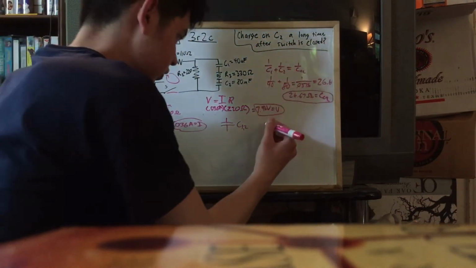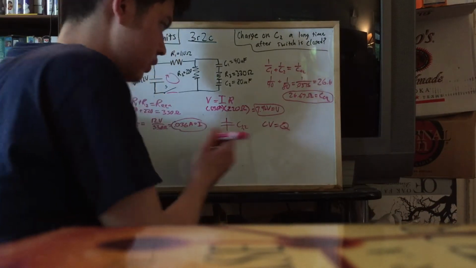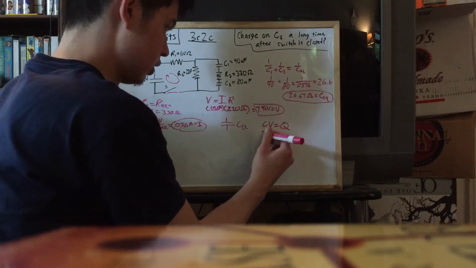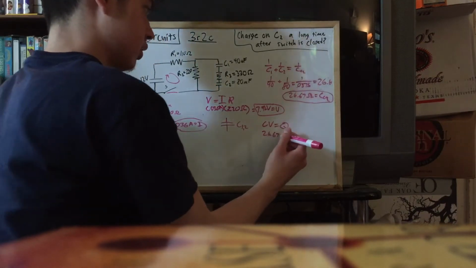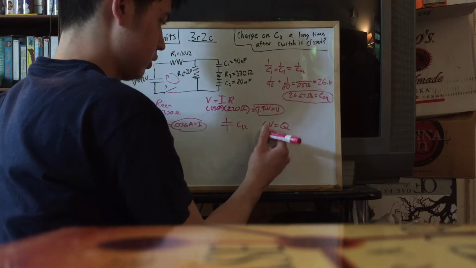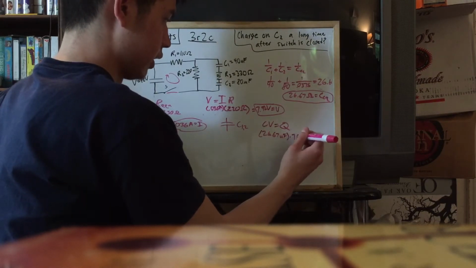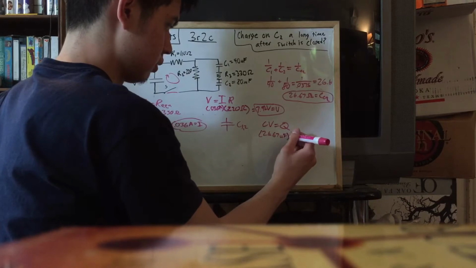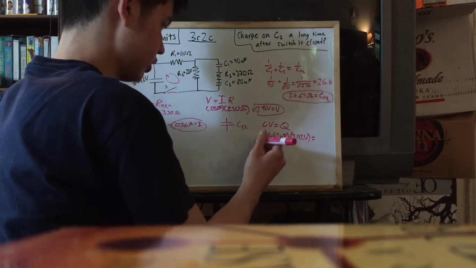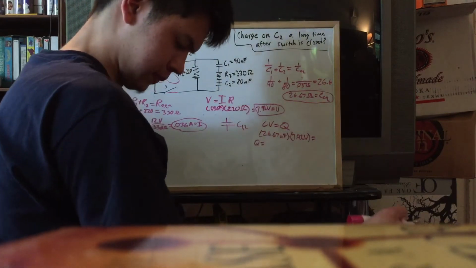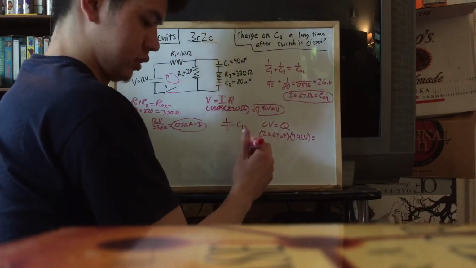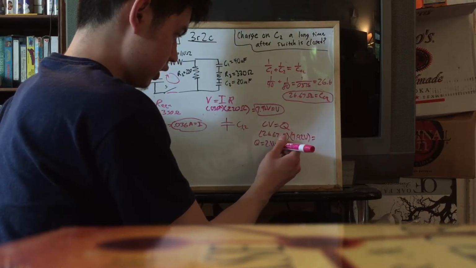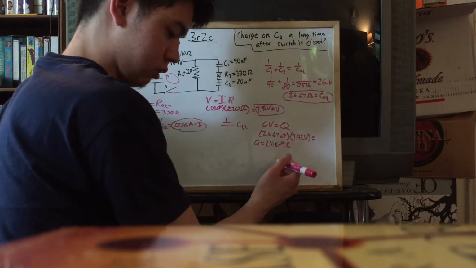The equation goes like this: C times V equals Q. So we multiply our capacitance, 26.67 microfarads, times 7.92 volts. And Q is equal to 2.11 times 10 to the negative 4 coulombs.